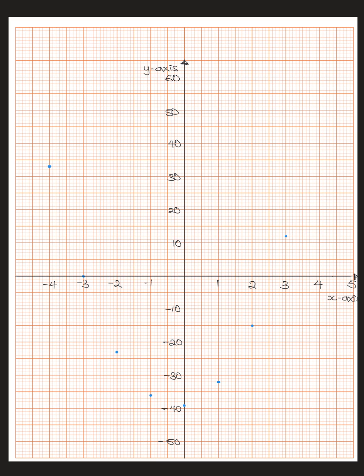And finally, when x is equal to 4, y is plus 49. Plus 49 is 1 box before 50. So after indicating the points correctly, we are just going to use a smooth curve to join the points.